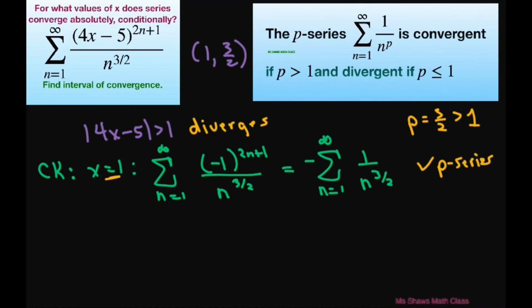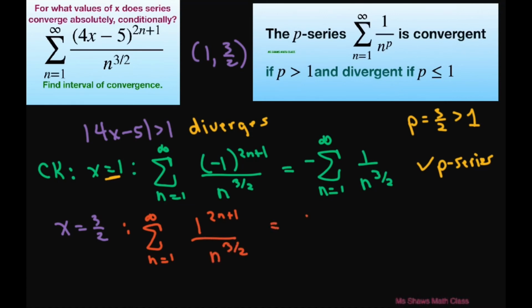All right, let's also check for x equals 3/2. So if you do that, you're going to get the sum from n equals 1 to infinity of 1 to the power of 2n plus 1 divided by n to the power of 3/2.